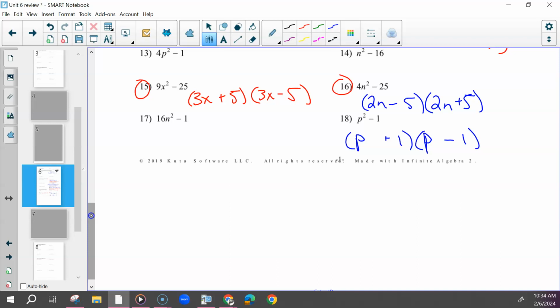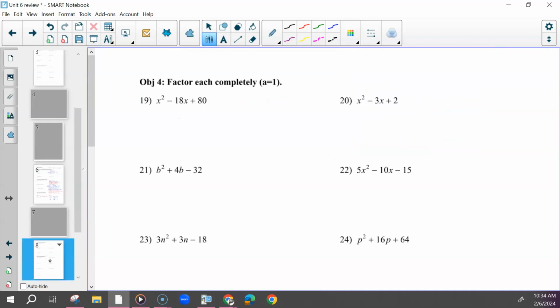Questions on objective 4. So remember that this section is different than objective 5. You're looking for 2 numbers that multiply to be the last, and add or subtract to be the middle. So find factors of the last.